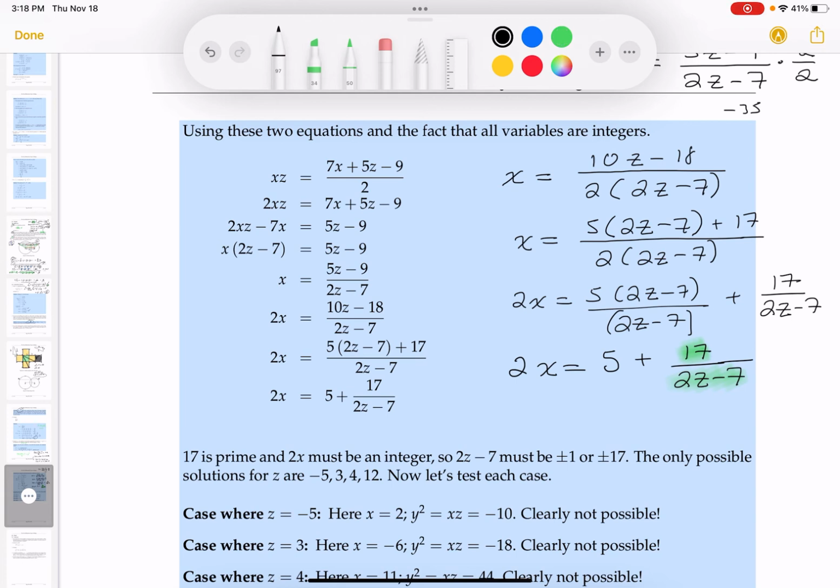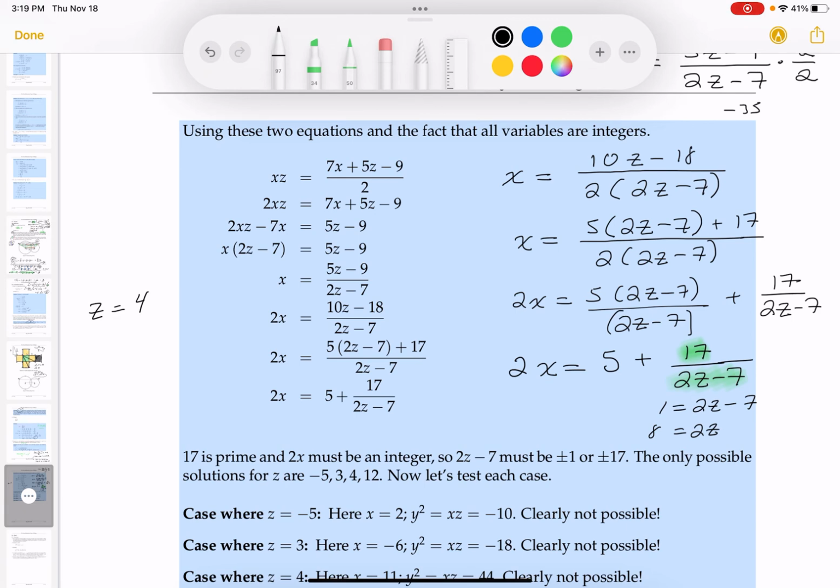But let me see if I can do that for an integer. I'll try 1 is 2z minus 7. I'm trying to find the z. That would be 8 is 2z. So I found the z could be 4. I don't know if it works, but z could be 4.